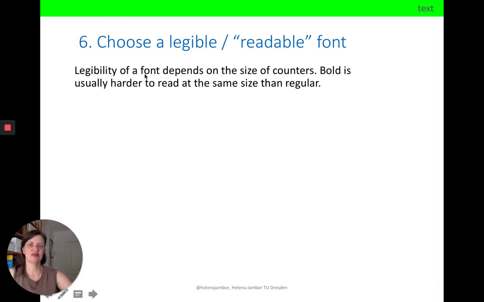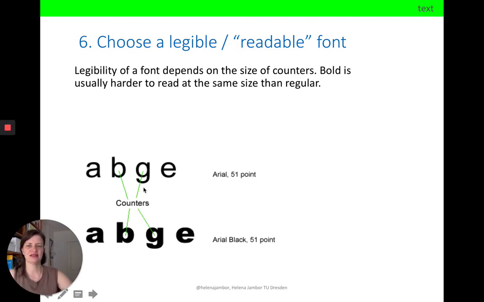The legibility of a font also depends on the size of the counters. What does that mean? The counter is the white space inside one of the letters, for example, a B or a G. And bold is usually harder to read at the same point size than a regular font, simply because the space of the counter is less than in a regular font.